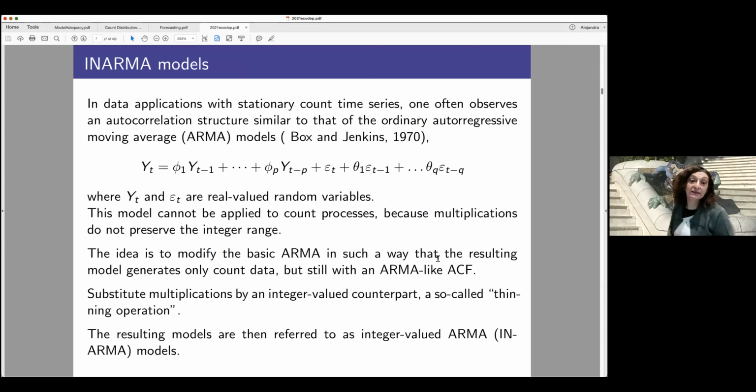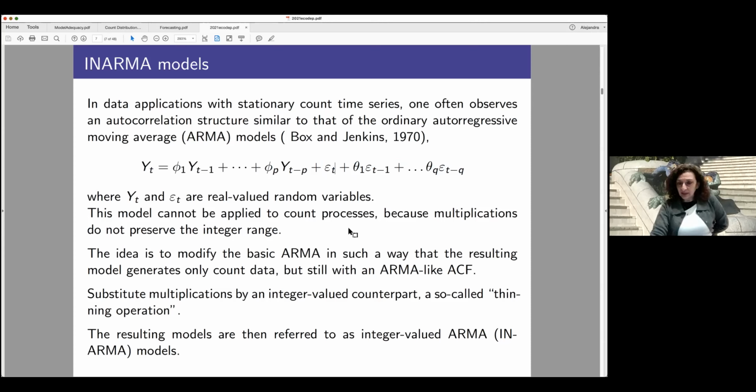The idea is that when you observe count time series, you often get a set of autocorrelations that are similar to those that appear in the ordinary ARMA setup by Box-Jenkins. An ARMA model is a linear combination of past observations plus a linear combination of past noises plus an innovation. That's the general form of an ARMA model.